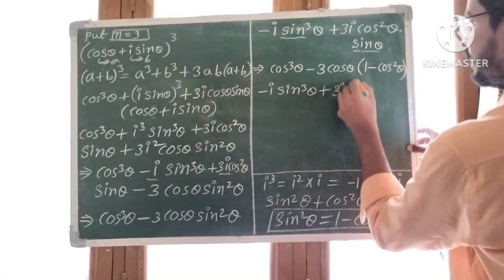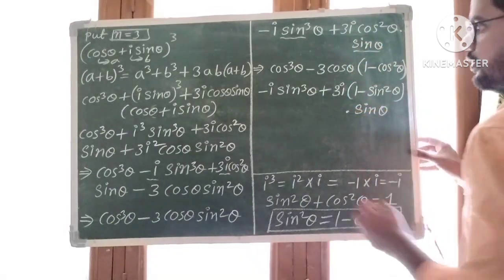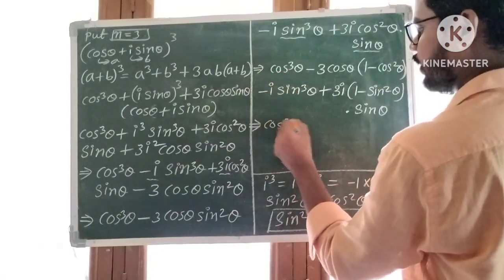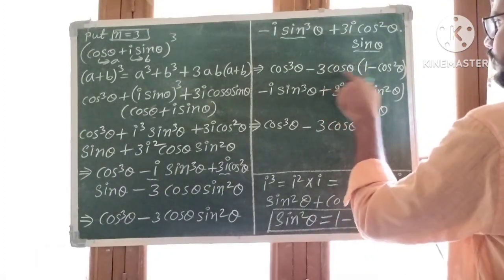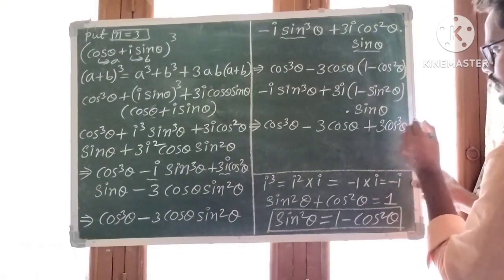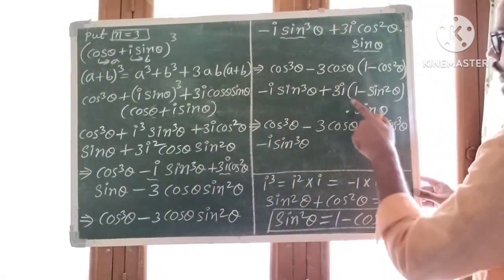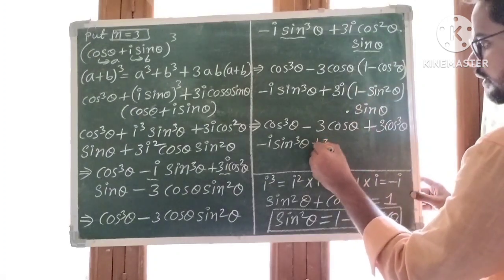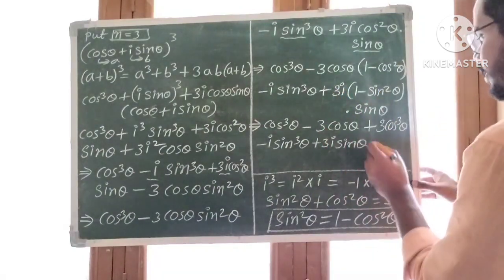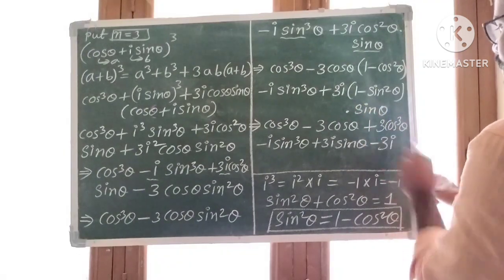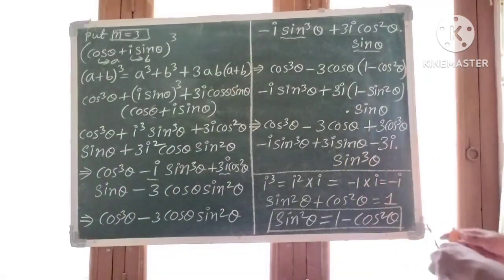So it can be written as 3i into (1 minus sin square theta) into sin theta, which is 3i sin theta minus 3i sin cube theta.